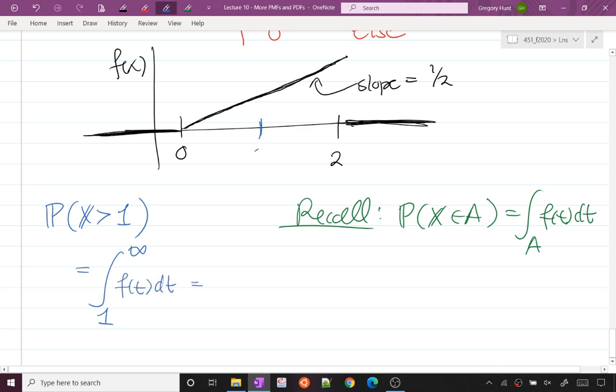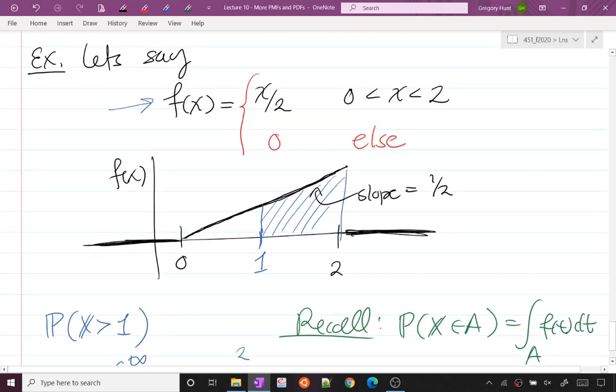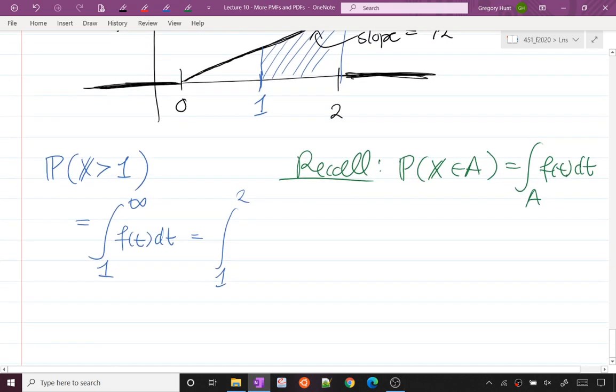So 1 is somewhere around here, and I want the area under this thing. Actually, I only need to care about the area up until 2 because my contribution bigger than 2 is 0. So I could really write this as the integral from 1 to 2. And when I'm between 1 and 2, my formula is x over 2, or in this case, t over 2 dt.